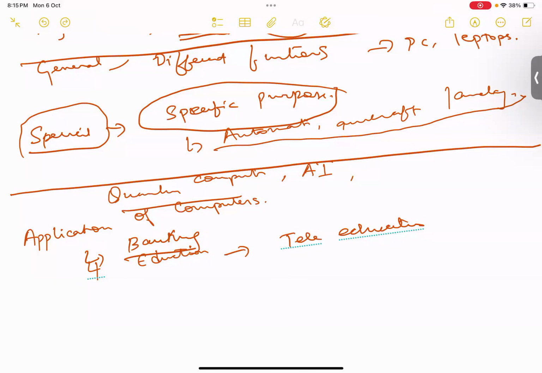We're educating ourselves. We can easily get degrees through online or distance learning, right? So all these things are possible with the help of the computer system, right? Then we have entertainment. With the help of computers, we can access different types of applications, your social media, your YouTube, your streaming sites, right?